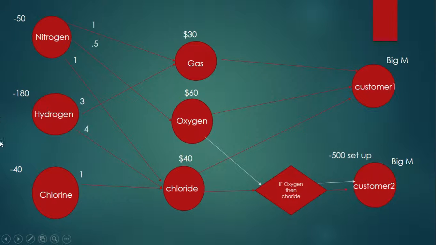Here we have our supply on the left, which is negative, and then these are big M because they are not going to limit themselves in how much they're going to buy, and then how much each of these products we are selling costs the customer. These numbers are also the weights of how much nitrogen it takes to make our gas, or to make the oxygen.